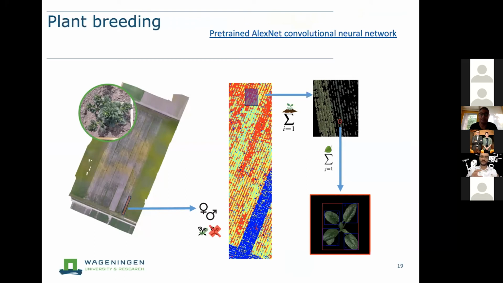The first stage was to determine which were the male and the female plants, and also the most emergent plants at a qualitative level.